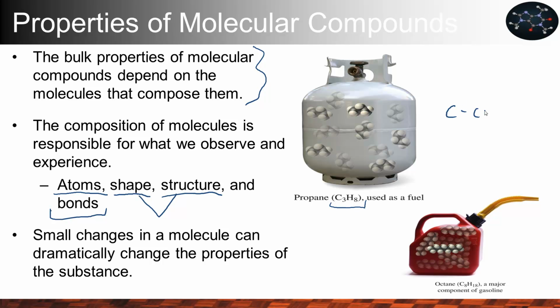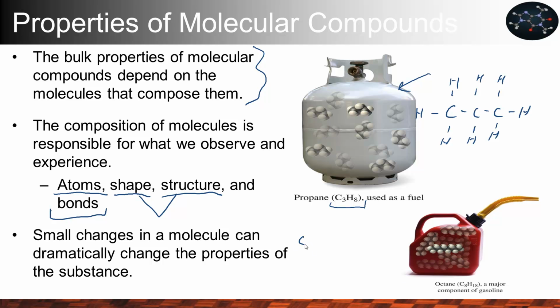Now if we look at the connections, we have a bunch of carbons connected in the middle of a molecule, bonded to a bunch of hydrogens that kind of cap off the outside of the molecule. And this is propane. Propane, for the most part, we use as a gas, or as a very volatile liquid that turns into a gas very quickly. Now octane is a major component of gasoline.